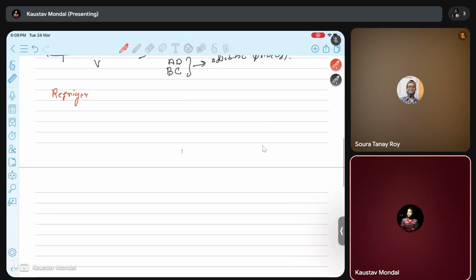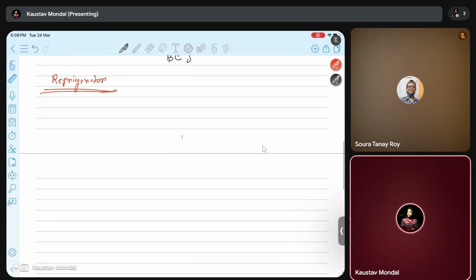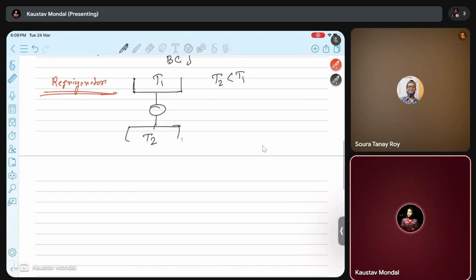Refrigerator. This is how the refrigerator looks. This is T2, the cold reservoir, and this is T1, the hot reservoir, so T2 is colder than T1. Now the refrigerator does the opposite of what a heat engine does.